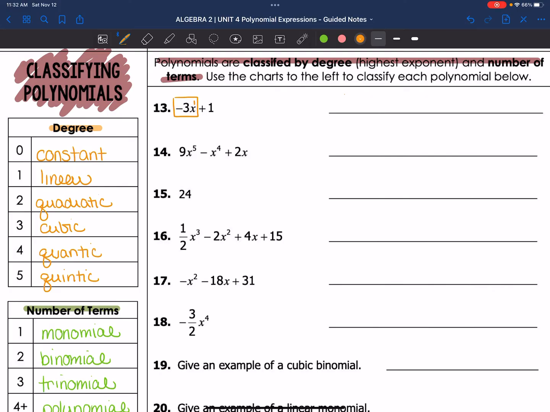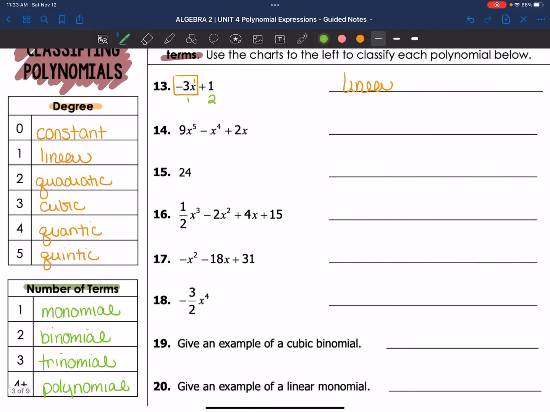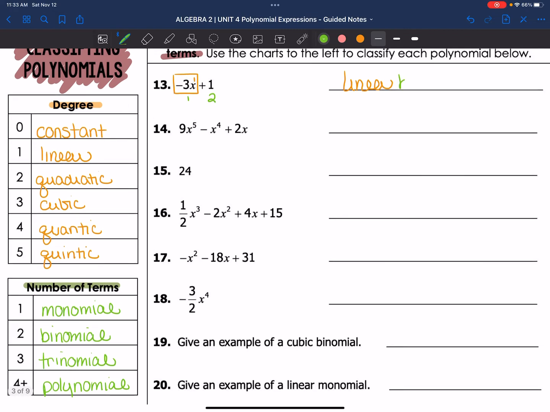Because of that, its first name is linear. And then let's count out the number of terms. 1, 2. If you have 2 terms separated by either addition or subtraction, then that is the last name, binomial. This is, in example 13, a linear binomial.